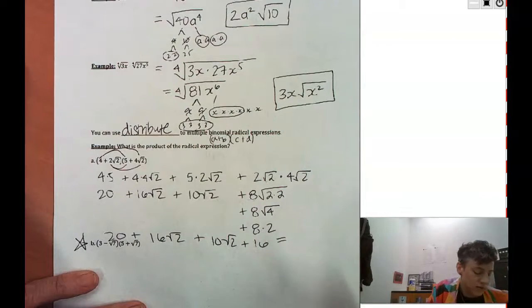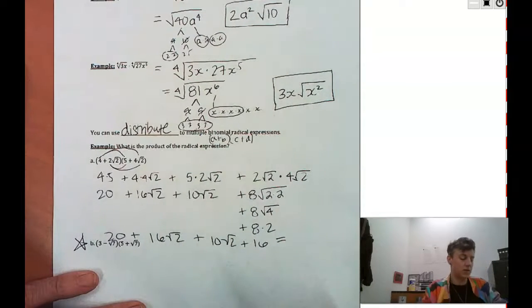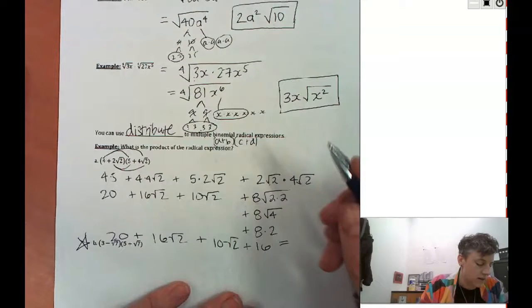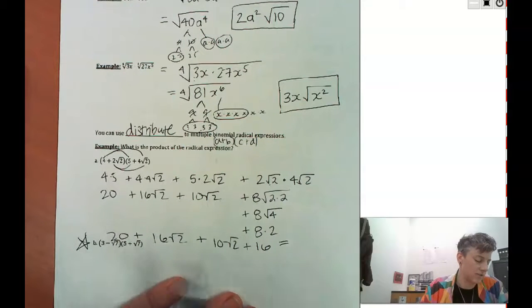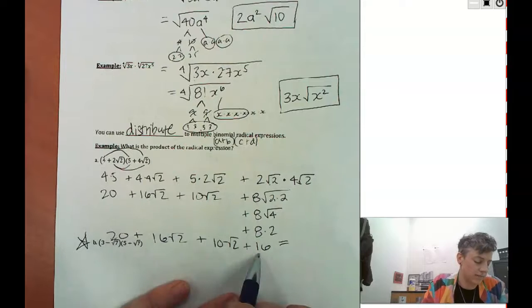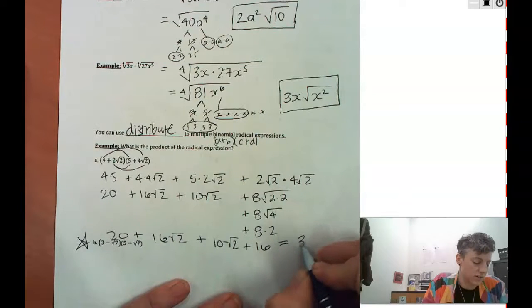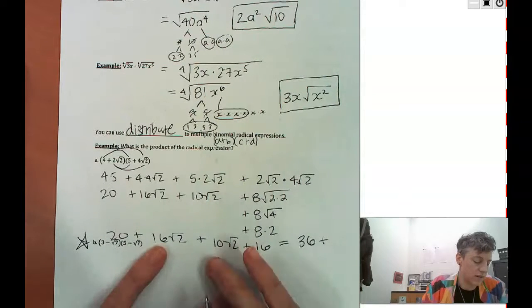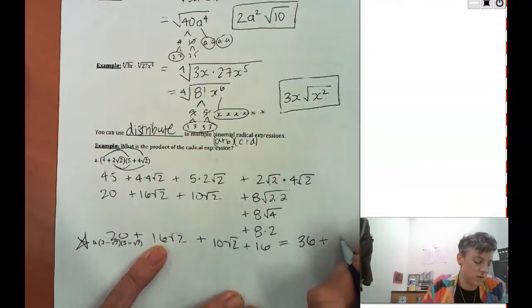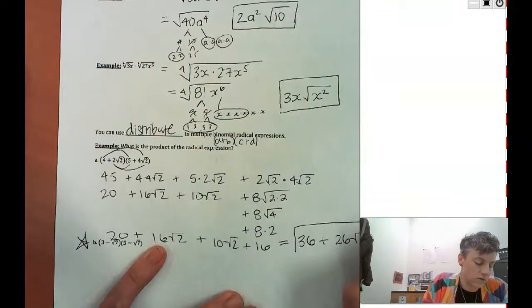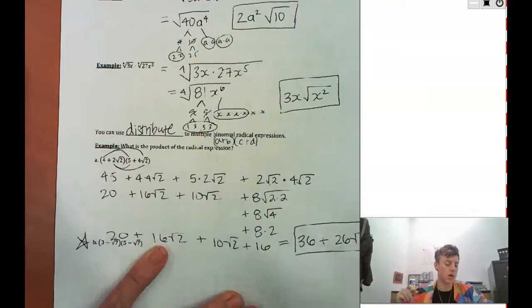Looks like we have some things we can put together, like the square root of 2's and the 20 and the 16. So let's do these guys first. 20 and 16 is 36, plus 16 square root of 2 plus 10 square root of 2 is 26 square roots of 2. Great. So good.